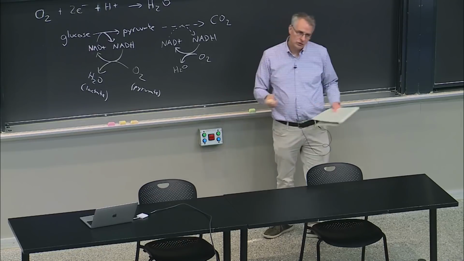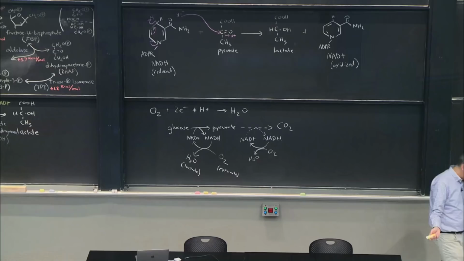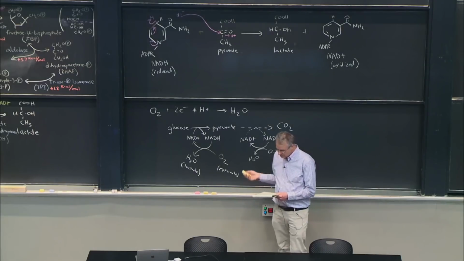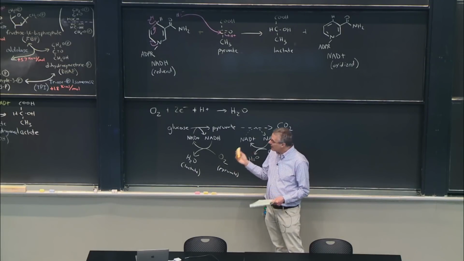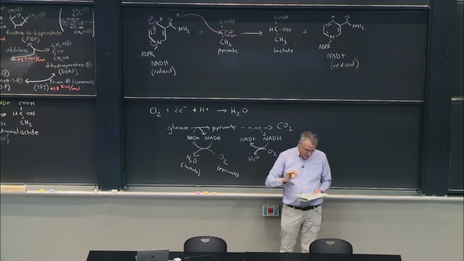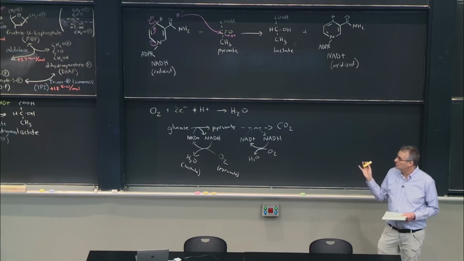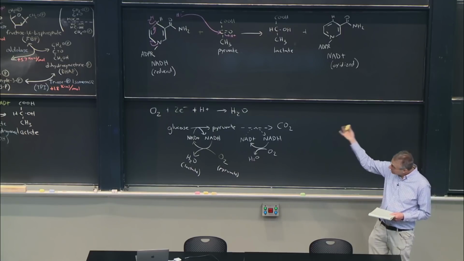Now, you'll note that the original description of fermentation by Pasteur was ethanol, not lactate. We'll cover the details of ethanol in a minute, but I just want to point out that making ethanol instead of lactate is simply an alternative product to dispose of pyruvate as a more reduced product.